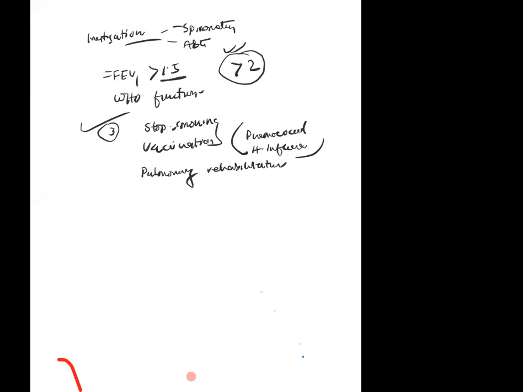In case of simple lobectomy or pneumonectomy, if the patient does not have any other problem, we don't need to do anything else. Just this simple management: stop smoking, vaccination, and pulmonary rehabilitation. This is the most important part of management of the respiratory system. So any question regarding the management? Any question?